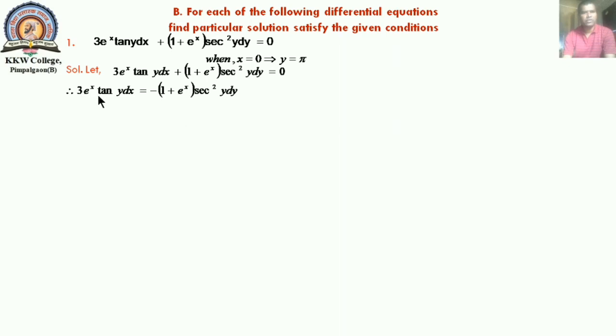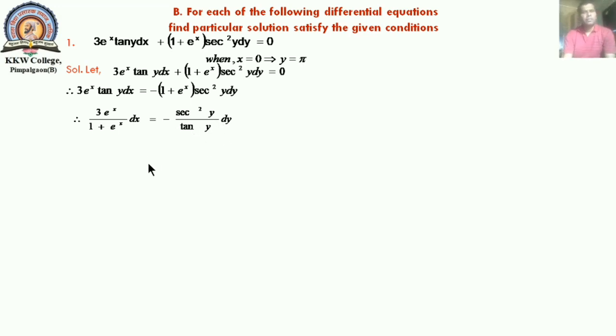We will get 3 e raised to x into tan y dx is equal to minus 1 plus e raised to x sec square y dy. Terms of x along with dx and terms of y along with dy are separated on each side. We get 3 e raised to x upon 1 plus e raised to x dx is equal to minus sec square y upon tan y dy.